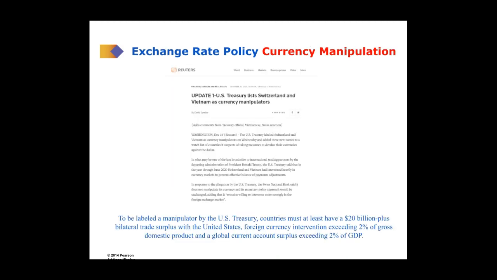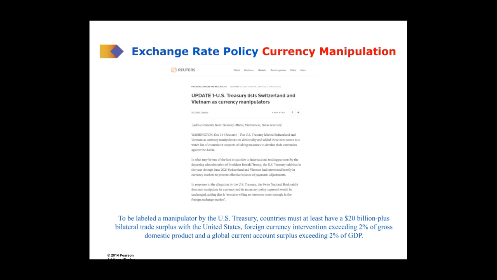Now, sometimes when countries intervene to try to achieve a certain result with the currency, it's considered currency manipulation, which you can see here. This is a press report from 2020 where the United States said that Switzerland and Vietnam were taking actions where they're considered a currency manipulator.